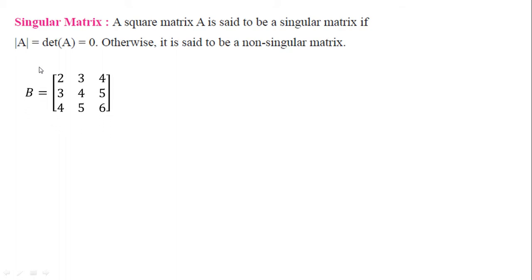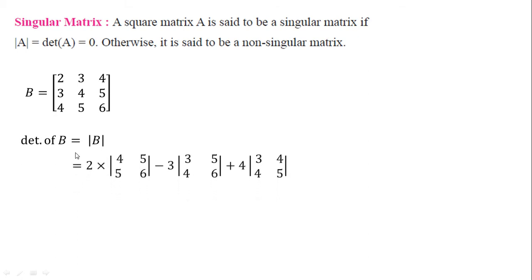Suppose this square matrix B is given here, any matrix. Then we will check the value of the determinant of this matrix. So the determinant of B is written like this.